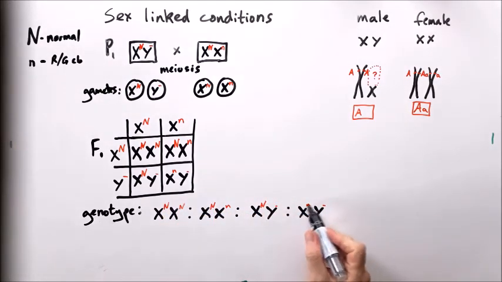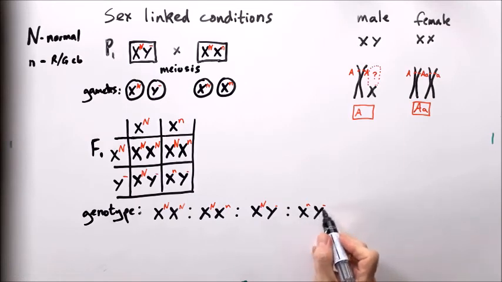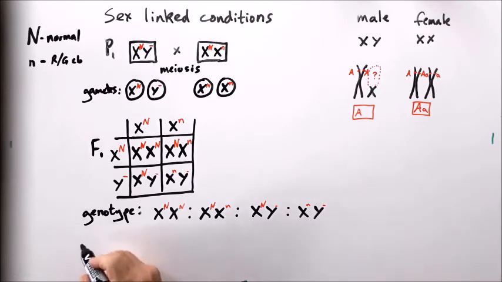Now you can see, again, there's the male that is red-green colorblind. Let's write out the phenotype.